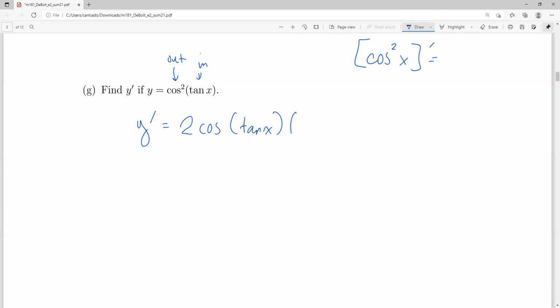It's the same as taking the derivative of cosine of x, that whole thing squared. Yeah, so this would be then 2 cosine of x times sine of x, I believe. Let me double check that. I'm brain farting right now.